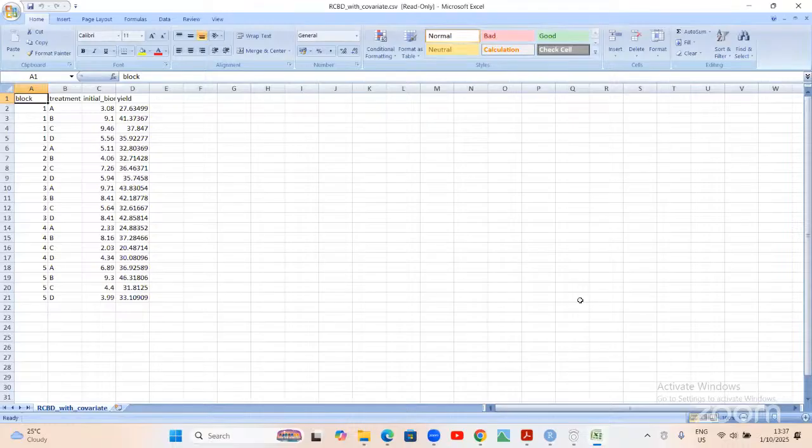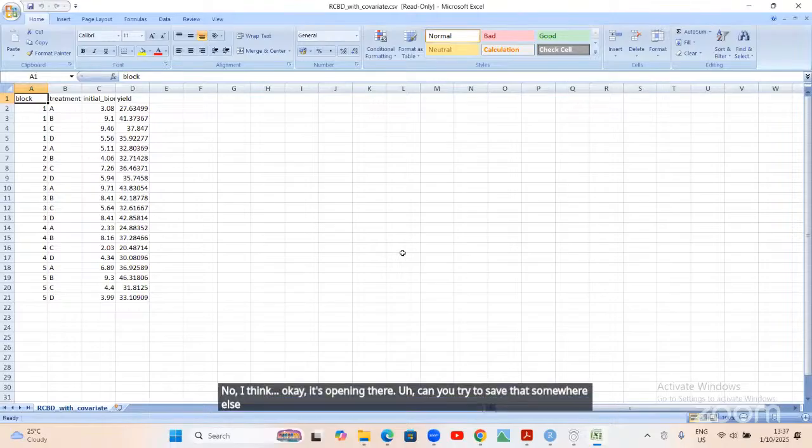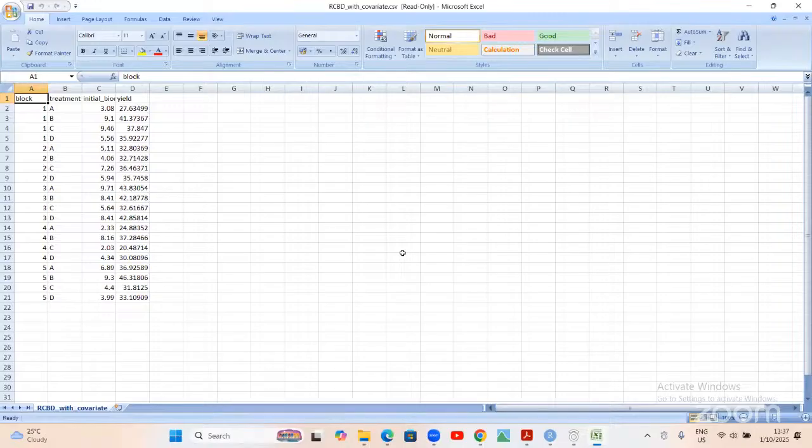It's not opening. Okay, I think it's opening there. Can you try to save that somewhere else on the desktop? Save it just outside the desktop. Just the normal way you save a file. You just go and save it.